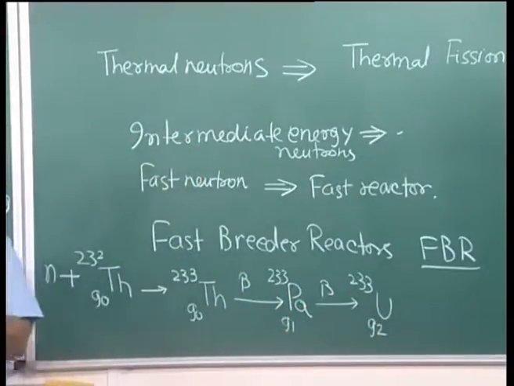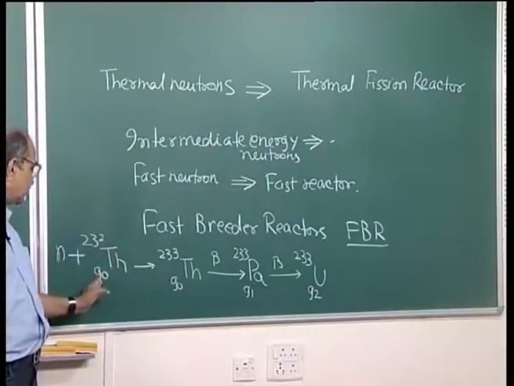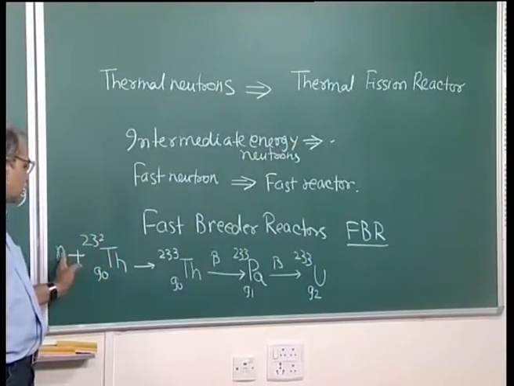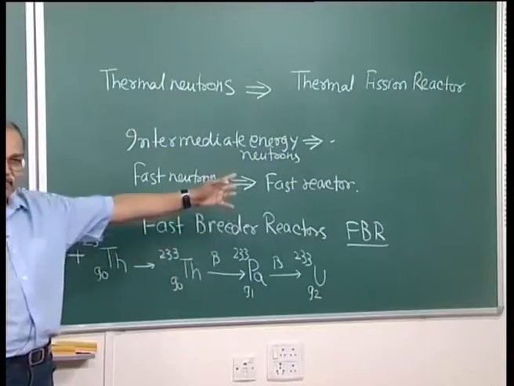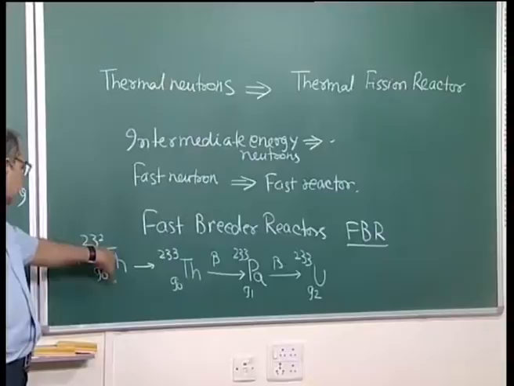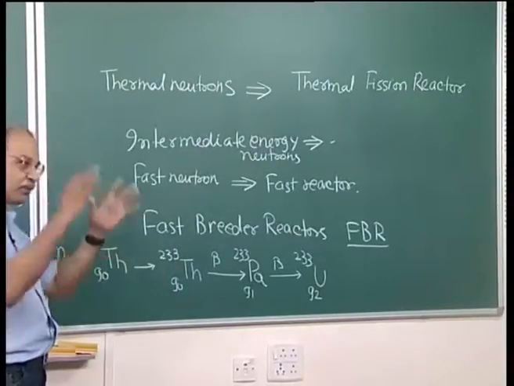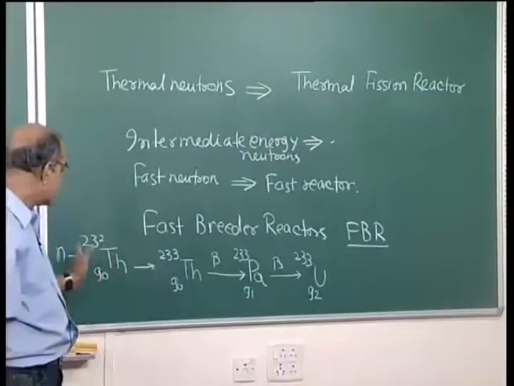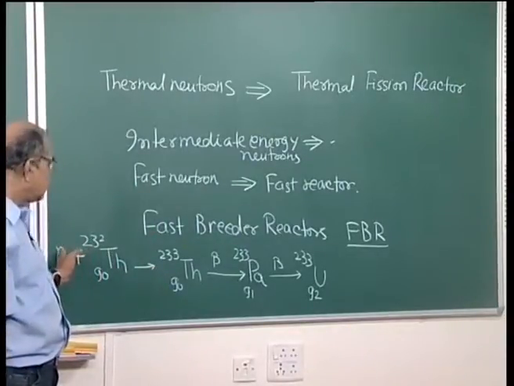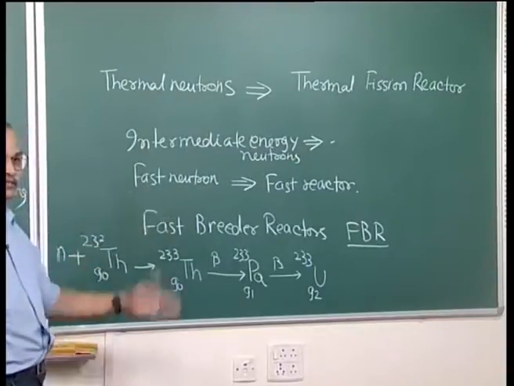So, a breeding reaction is possible if you have thorium 232 which absorbs a neutron, and then from there it can finally give this. But this thorium 232 itself is to be placed properly there, so that the neutrons from these fission reactions get absorbed into it.